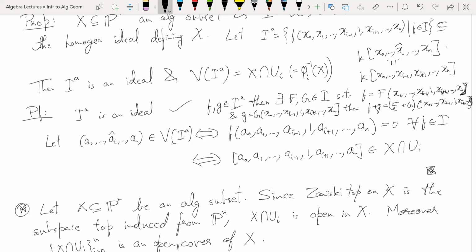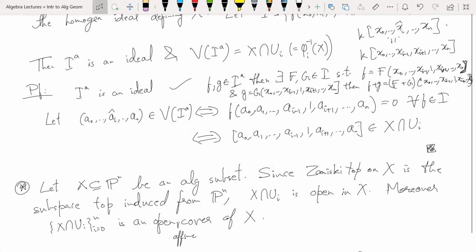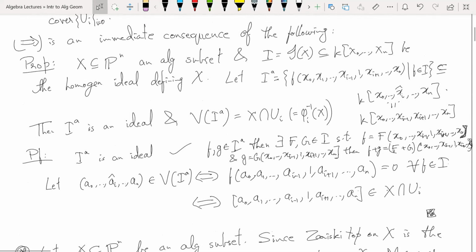But I is a homogeneous ideal, and so that means it's generated by homogeneous elements of I. So if it is 0 for all homogeneous, then it's 0 for all elements of I, because I is generated by homogeneous polynomials. Okay. Any questions? So that completes the proof of this proposition.